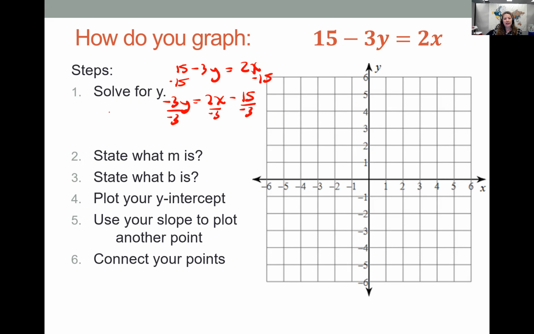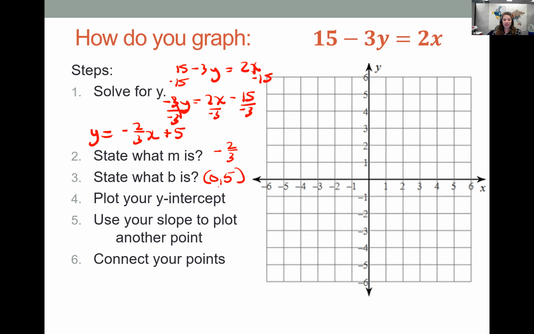So my slope-intercept form is y equals -2/3 x. -15 divided by -3 is +5. So what is the slope? The slope is -2/3. What is the y-intercept? It's 0, 5. And now we're ready to plot this, okay?